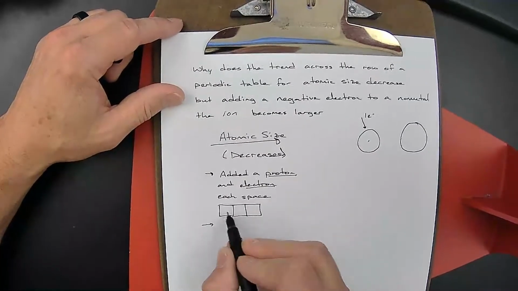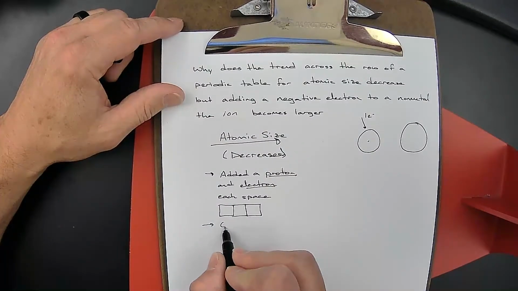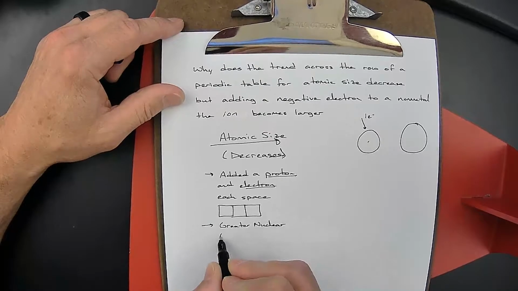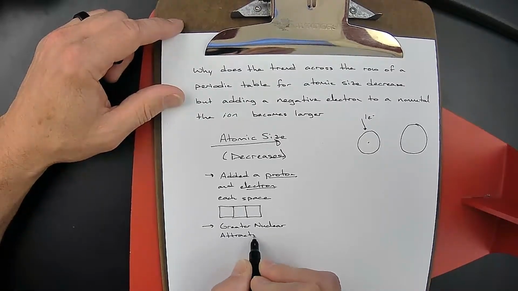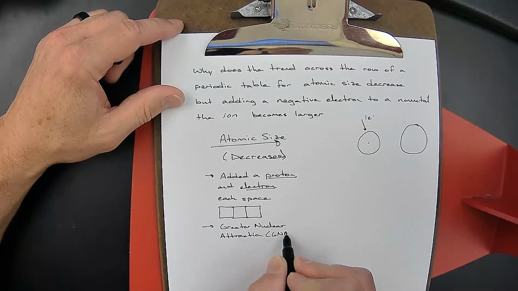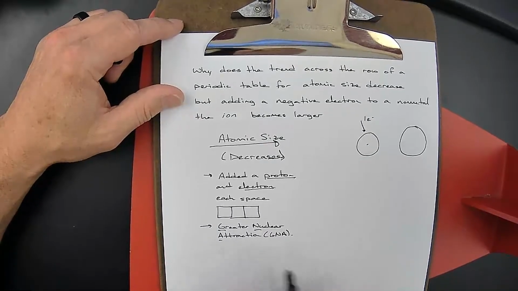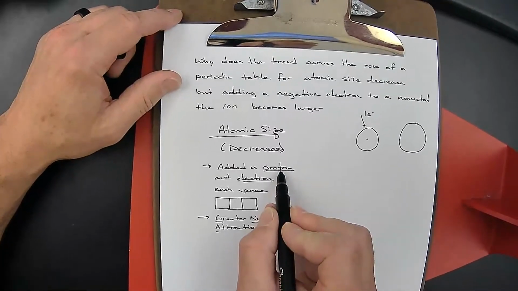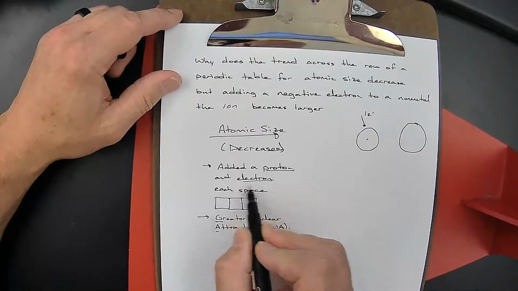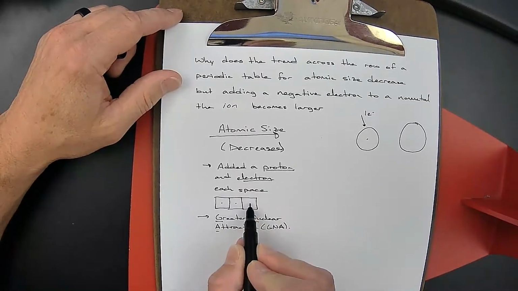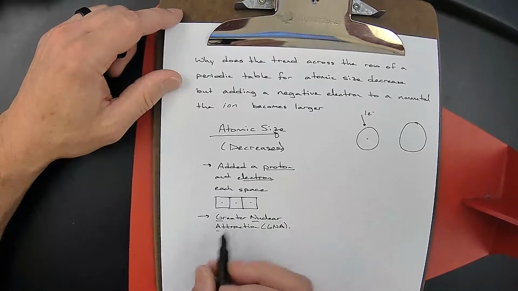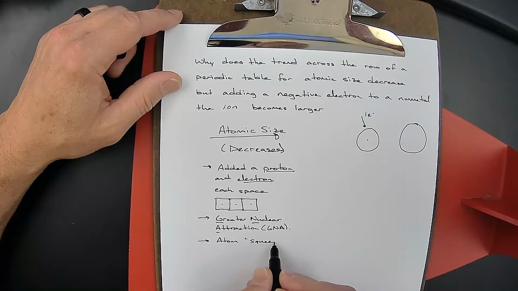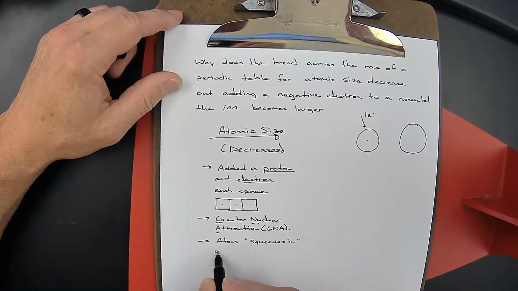While adding a proton and an electron, we end up with what is called a greater nuclear attraction, sometimes abbreviated as GNA. There is a greater attraction for the nucleus because you have both an extra proton and an extra electron as you move from one element to another. Because of that greater nuclear attraction, the atom squeezes in on itself.